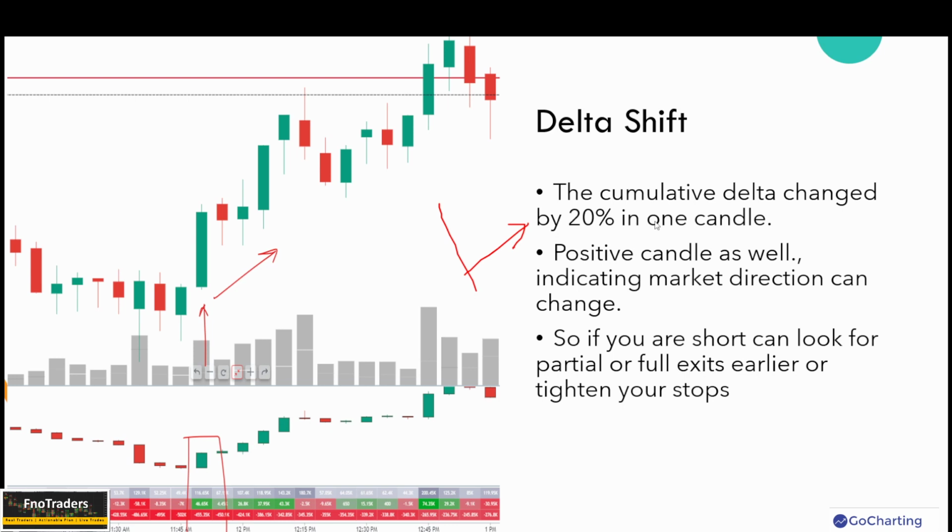Delta shift describes a significant change in delta in one candle in a particular direction. In this case, again, we had a short signal going on in the market, which was good. But then we had a significant delta shift candle here. If you see, a 10% delta change, minus 500K to minus 450K in the next candle, a 10% delta change, and a good price change also. This signals to me that market direction or market mood can change.